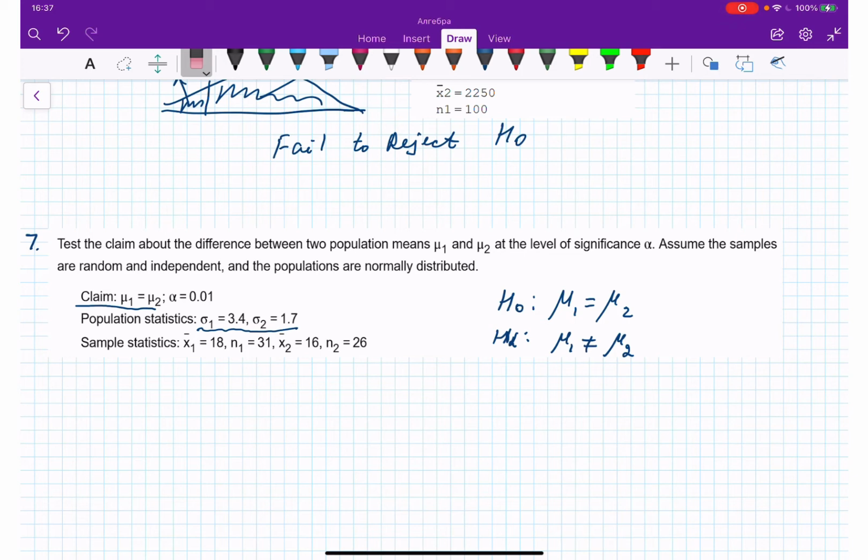And because variance is not equal, then for standardized test statistics, we are going to use the formula.